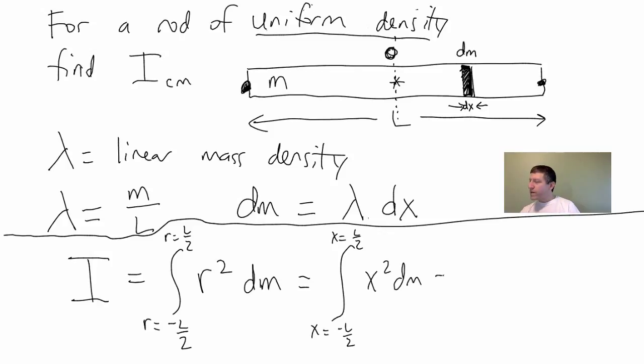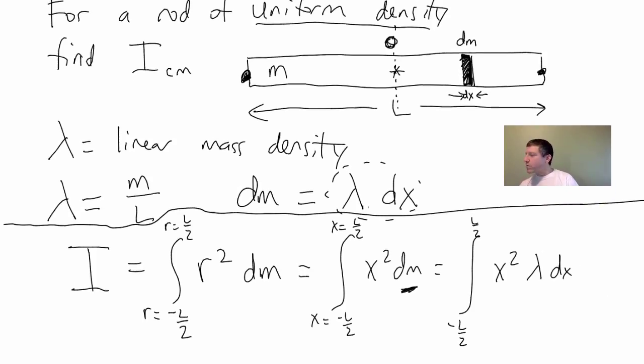Now, once I get it to here, I can re-express this in terms of x. It's going to be from negative L over 2 to L over 2 of x squared, and what is dm? Well, we already found that right over here. That is lambda dx. That's dm.